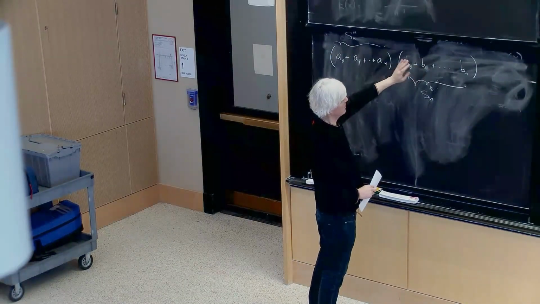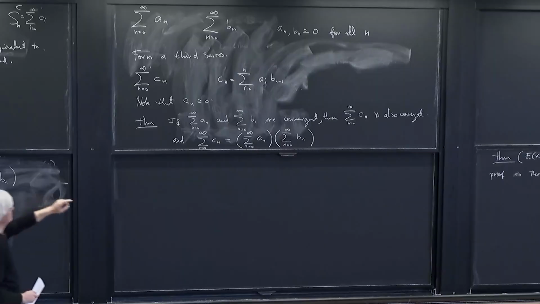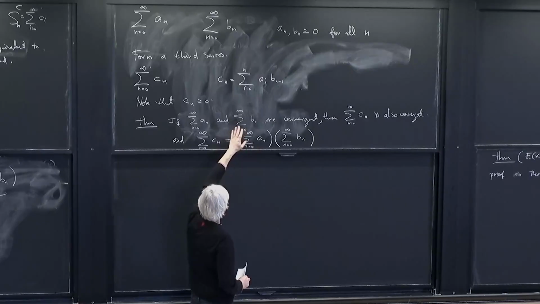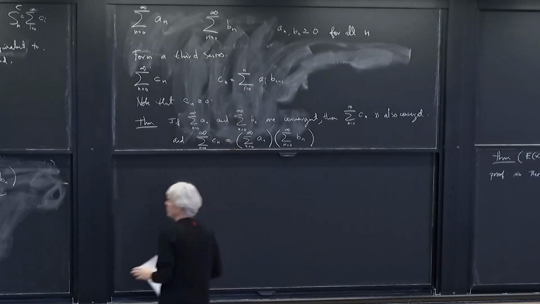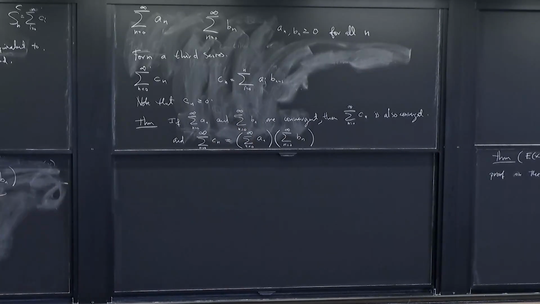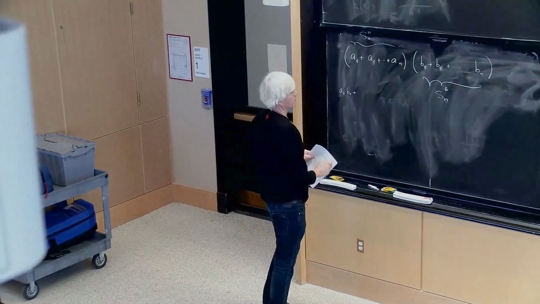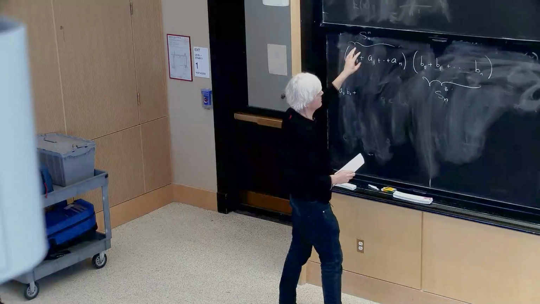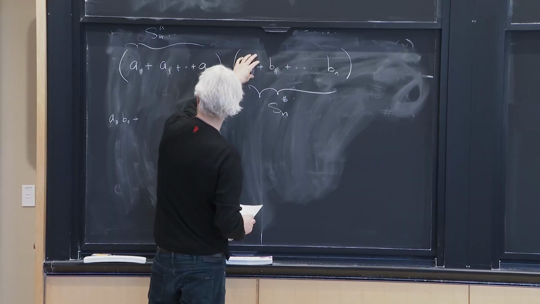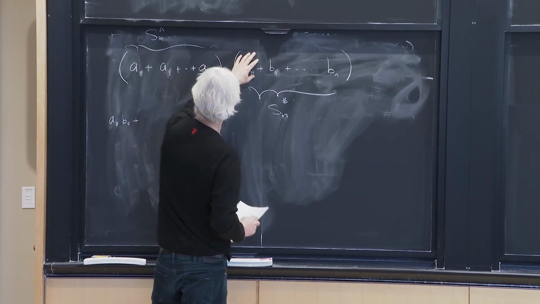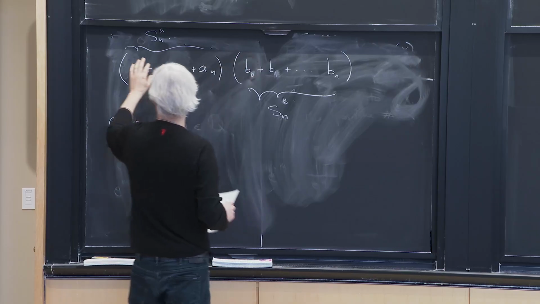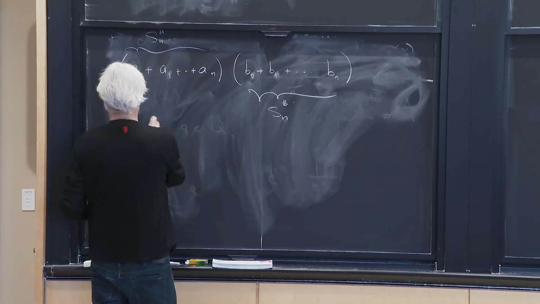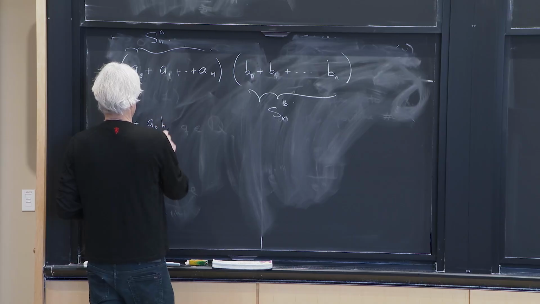You could say that's very ordered, but it's not related to the C series. So I want to group things so that they remind us of the C series. When I'm starting with this multiplied by this, then I take this one here multiplied by that. So a_0 b_1, right?